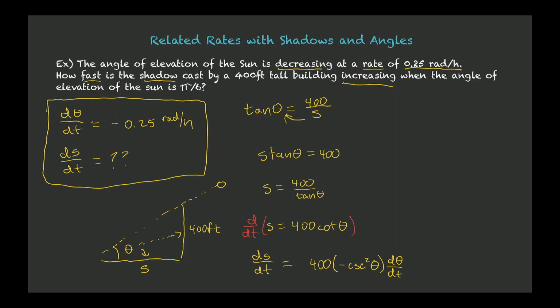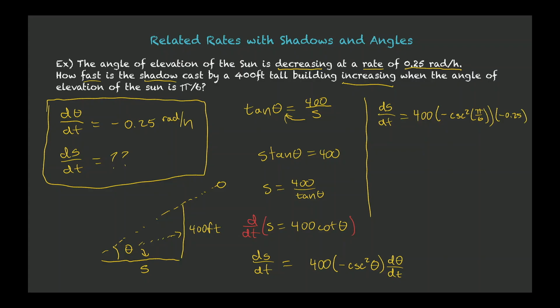Our final step here is just to plug in the given information and solve for what it's asking for. In this case, it's asking for ds dt, and we've already solved for ds dt. So we're just going to plug in the given information. So 400 times negative cosecant squared of the angle, which is pi over 6. And then the d theta dt is the negative 0.25 radians per hour that we wrote at the beginning.